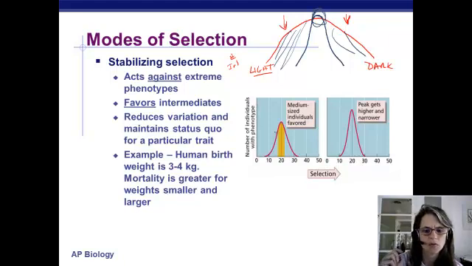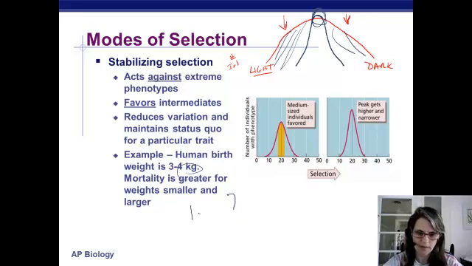A great example of this is human birth weight. Human birth weight, we think in pounds, not kilograms, but human birth weight is typically somewhere around 6, 7, 8 pounds or so. So let's say 7 pounds. Usually we don't see 1 pound babies, and usually, mercifully, we don't see 15-pound babies. Okay? Why?